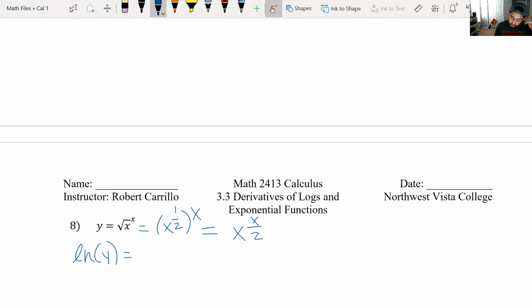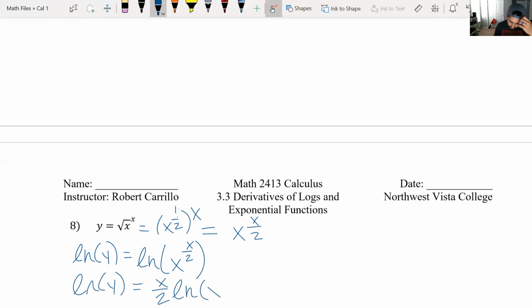So that's what I'm going to roll with. Natural log x to the x over 2, which means that now this becomes natural log y of x over 2 natural log x.